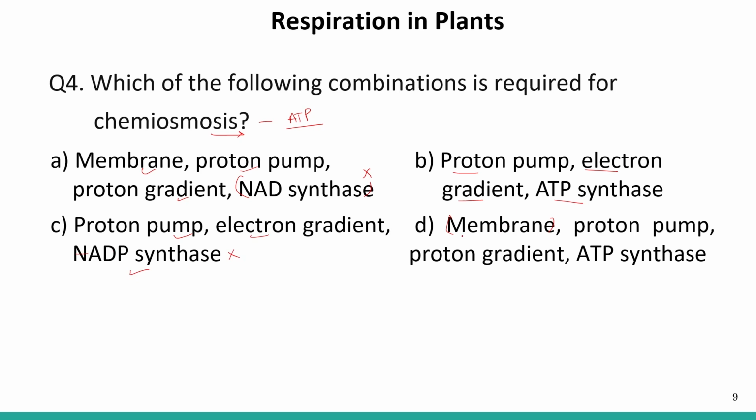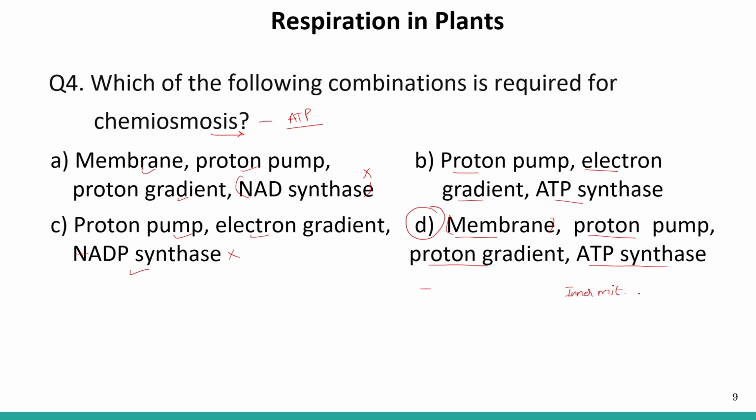Now, the fourth option is membrane, proton pump, proton gradient and ATP synthase. So this option is correct. Alright, so for chemiosmosis, a membrane is required. So the electron transport chain complexes are present in the inner mitochondrial membrane.